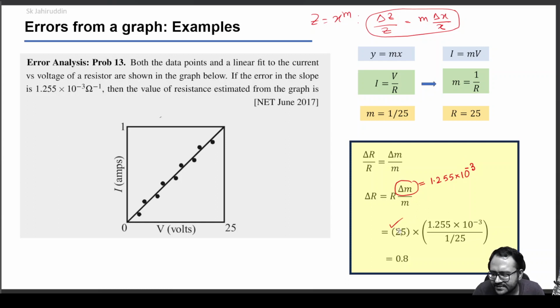Using this, and using the value of M as 1 by 25, I get it as 0.8. That's very simple and straightforward. I don't think there should be any other issues there.